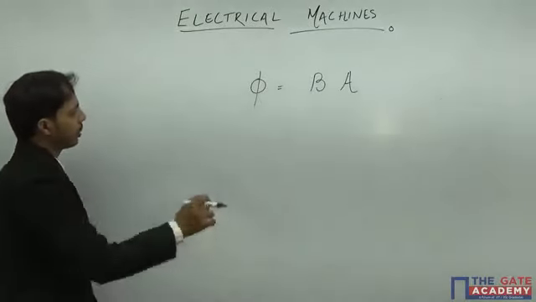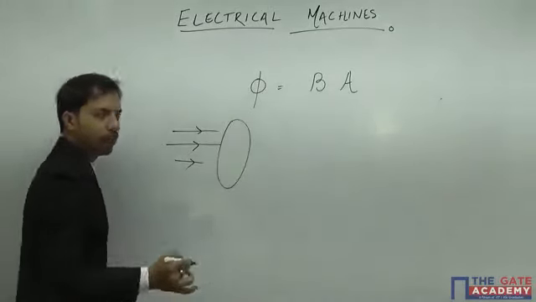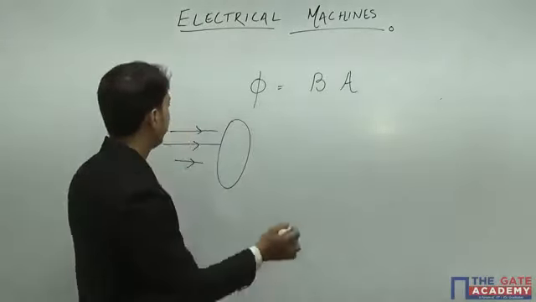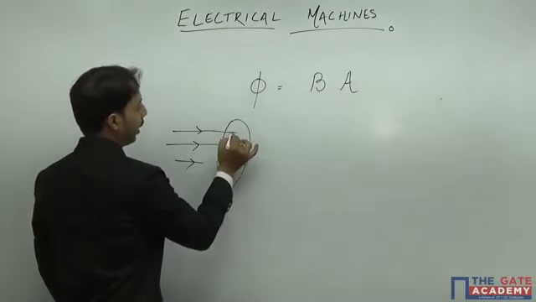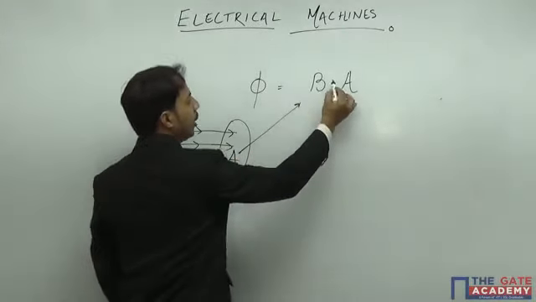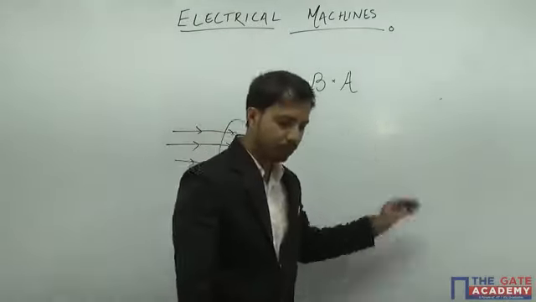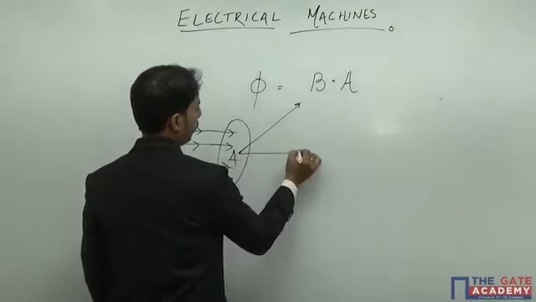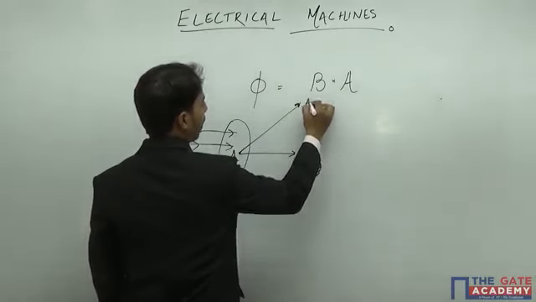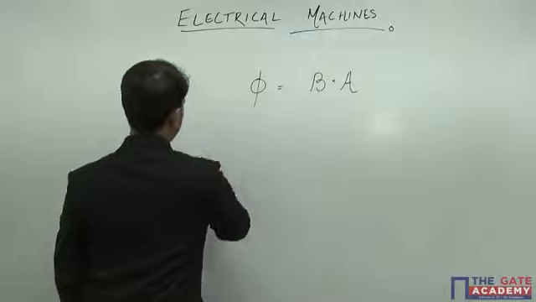Or in other words, if you want a physical realization of what flux is, suppose we have an area and this is the number of magnetic field lines of force, and the area of this is A and it is perpendicular to this field, so I can say this is B into A. If this is not perpendicular, if this is the direction of my B and this is the direction of my A, then I can have a vector relation of this phi.